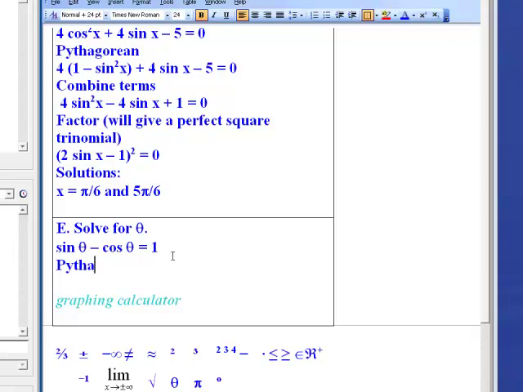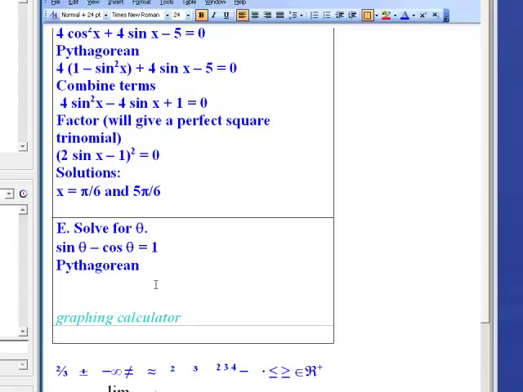Substitute the Pythagorean for one of the two, for example, the second one. So what I have is, let's see, sine theta. Now I substitute for the first one here. Sine theta equals square root of 1 minus cosine squared.